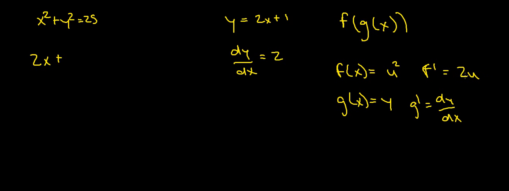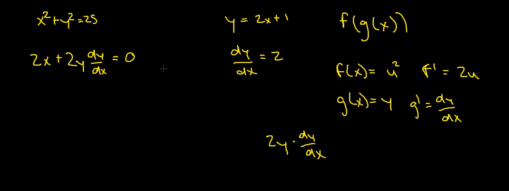So 2u, the inside is going to be y, so I'm going to have 2y, and then multiplied by the derivative of the inside, which is dy dx. So that's how that works. So this derivative right here is 2y dy dx, and then this is equal to 0, derivative of constant 0.